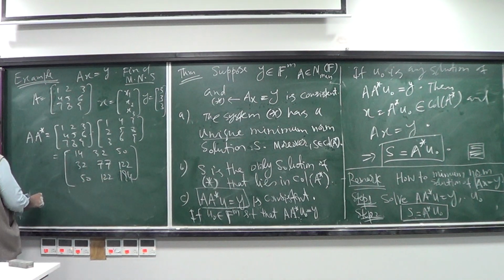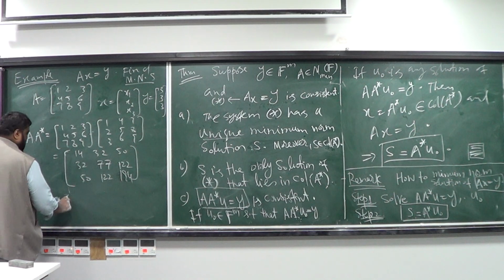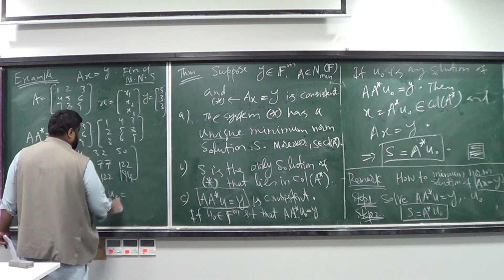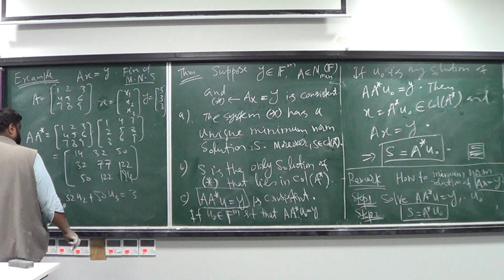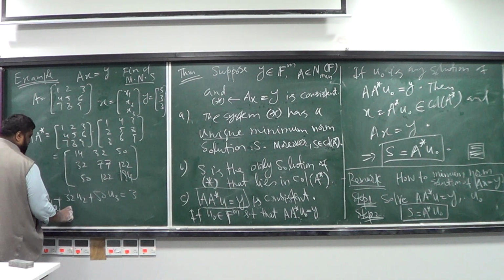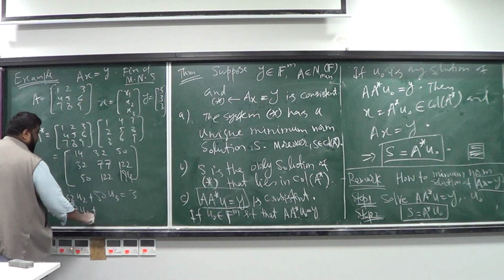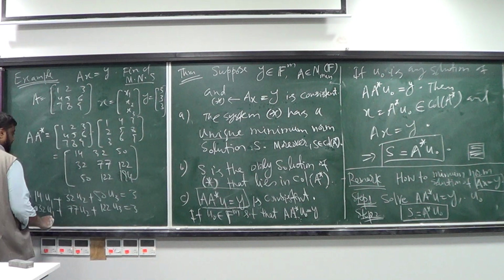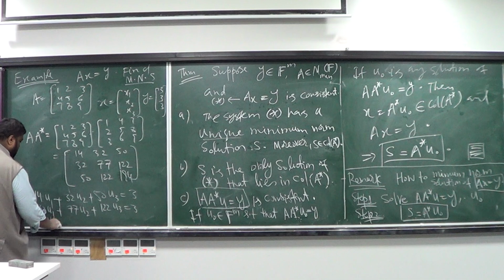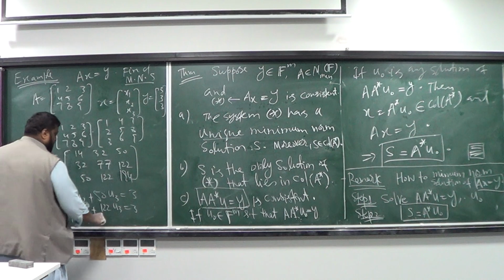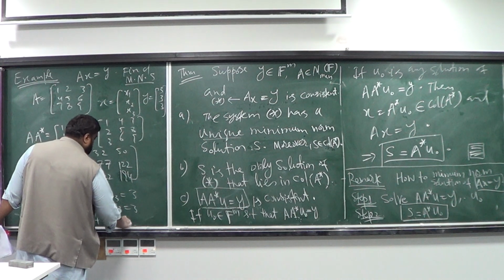In other words, we need to solve 14 u1 plus 32 u2 plus 50 u3 equal to 3, 32 u1 plus 77 u2 plus 122 u3 equal to 3, and 50 u1 plus 122 u2 plus 194 u3 equal to 3.